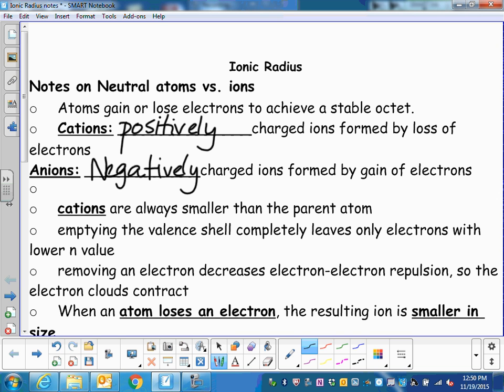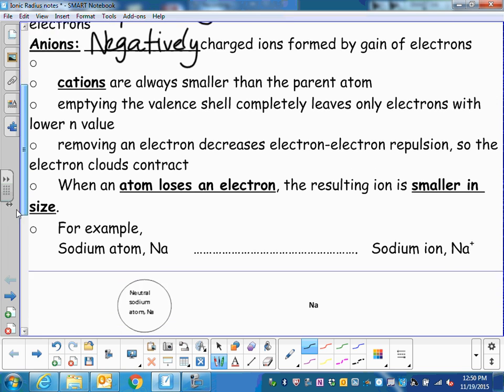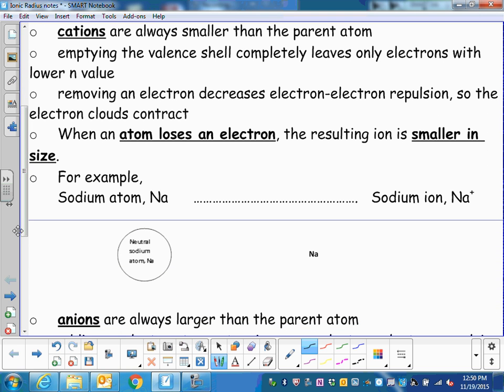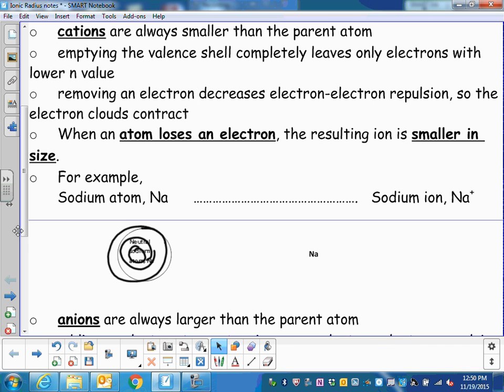Did we say that cations are smaller? Do you remember drawing the periodic table? Cations are smaller because they lose an electron. When compared to neutral sodium, sodium has how many circles? Sodium has 3 circles, 3 energy rings.